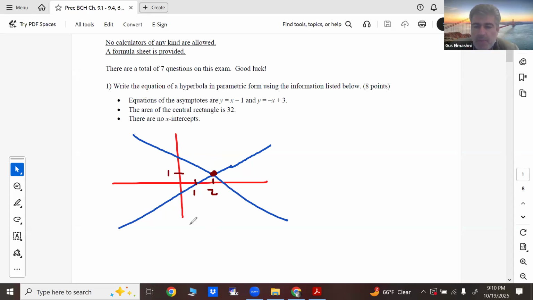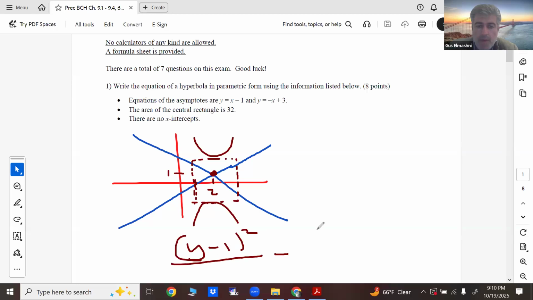Hopefully you see that the point of intersection is the center. And there are no x-intercepts, so it's going to be like this. They have a rectangle in the middle, as we know. I'm not sure exactly how it's set up, but I'll just do that for now. So I know it's going to be y squared positive, so (y minus 1) squared over blank squared minus (x minus 2) squared.